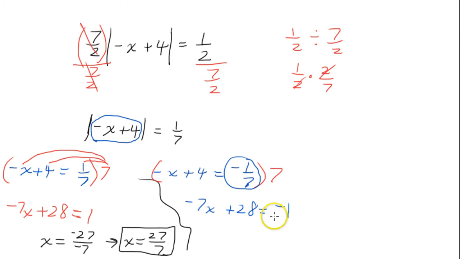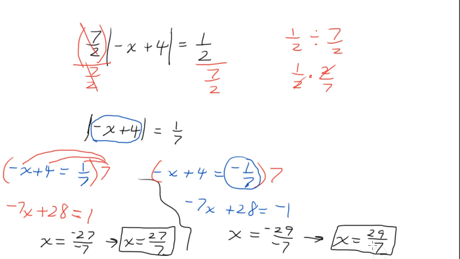We subtract 28 from each side, and we get negative 7x equals negative 29, and then we divide by the negative 7, so we have negative 29 over negative 7. Well, negative divided by a negative, let's say that is x equals 29 over 7. So those are our two possible solutions.